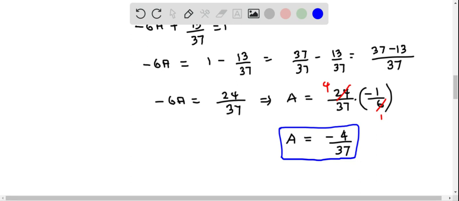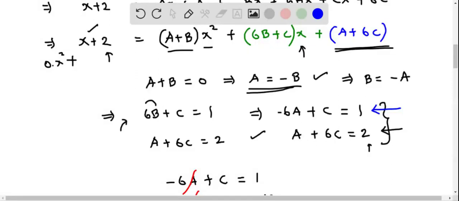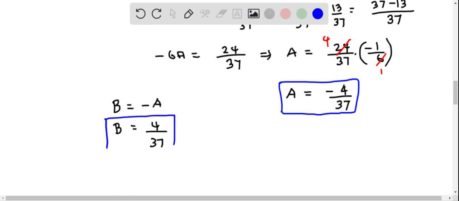And now using the value of a, we can determine the value of b. b equals negative of a. So if a equals negative 4 by 37, negative of a will be positive 4 over 37. So we found the value of b equals 4 over 37.